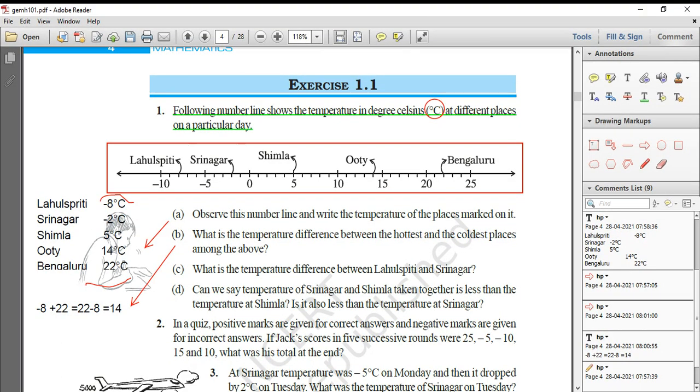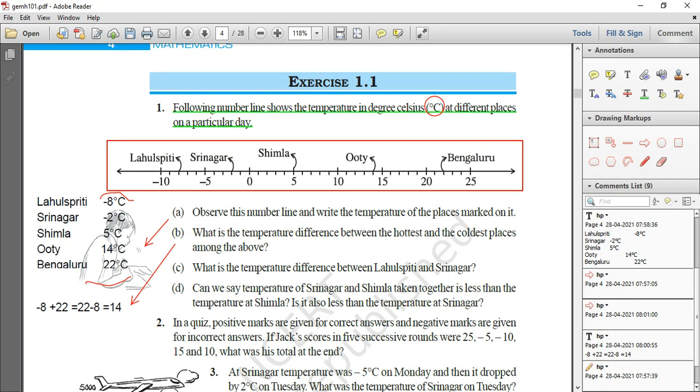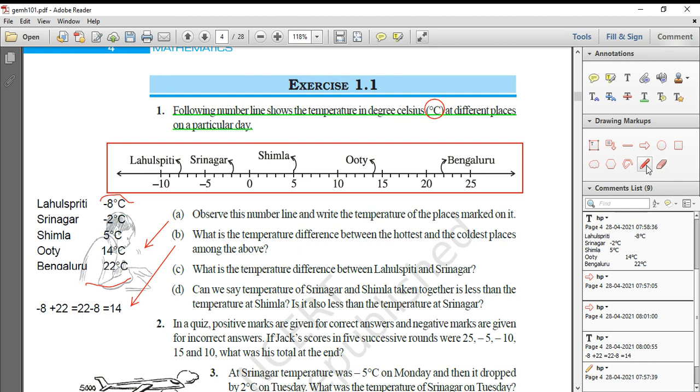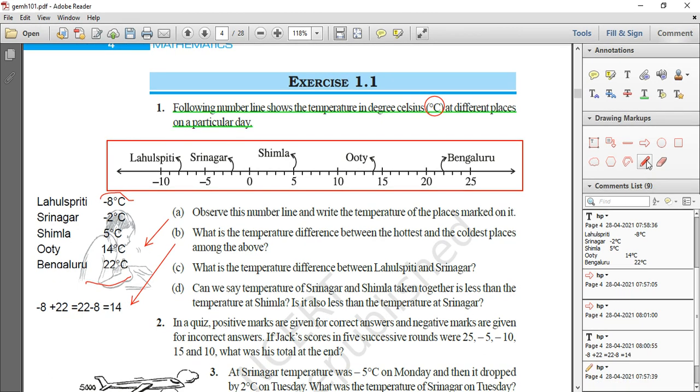This question says: what is the temperature difference between Lahore Spiti and Srinagar? If you look at them clearly, by observation you can see that there is a difference of -6 degrees.